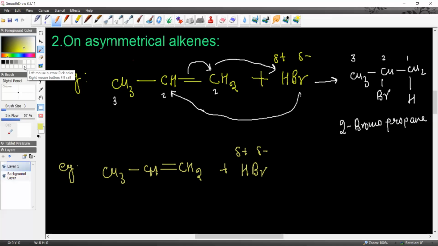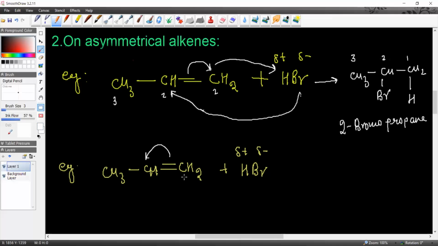Now the pi electrons of this double bond are moving onto the second carbon atom.